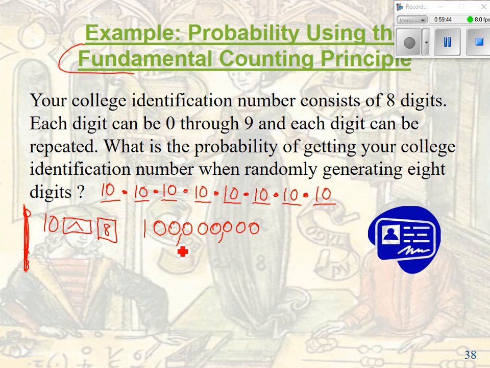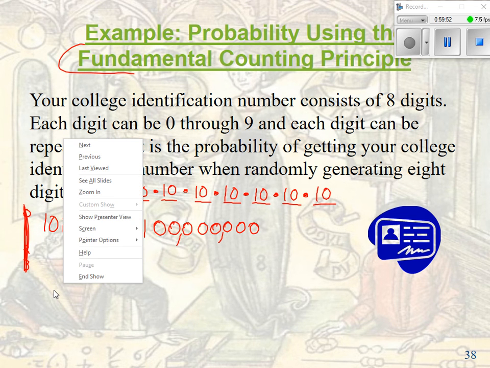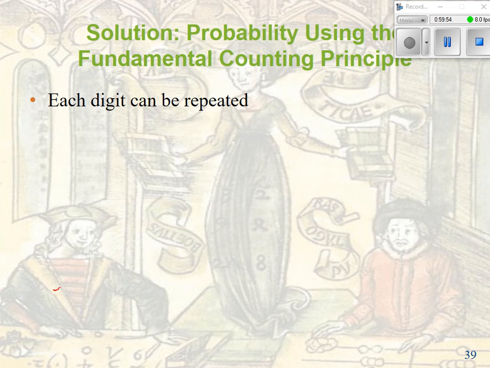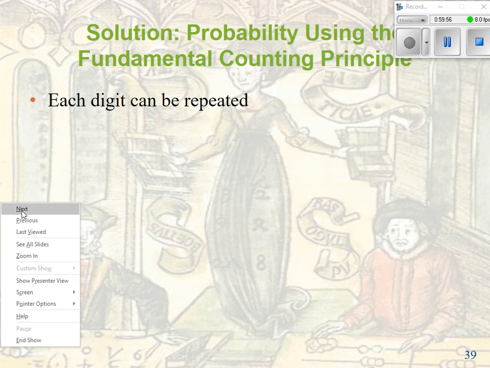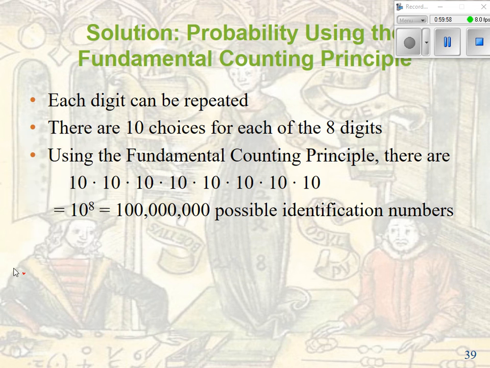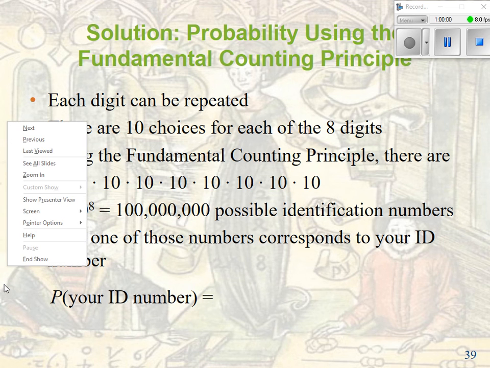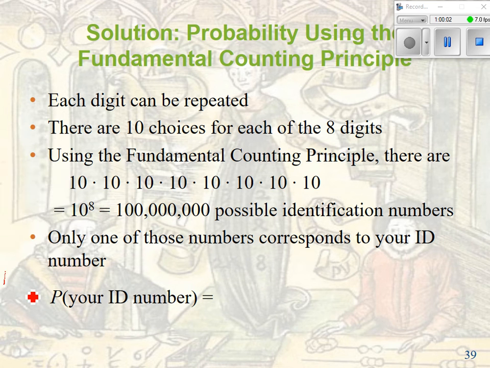So how many different students could one college have? They could have 100 million students, and everybody still has their own identification number. So you got your ID. Next year you go and you got your ID.